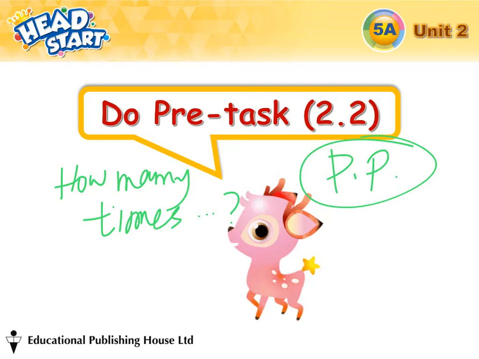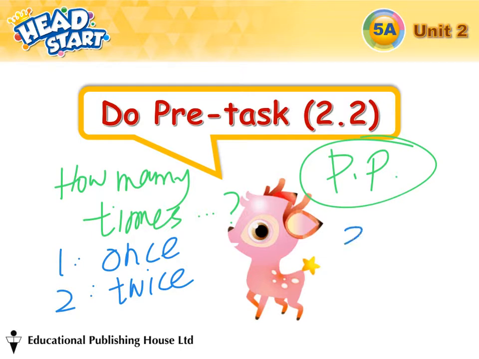And for one time, do we say one time? No, we use once. For two times, do we use two times? No, we use the word twice. But when we are talking about three and so on, you just add the number in front of the word times. And don't forget the S after time, okay? Three times, five times, okay?